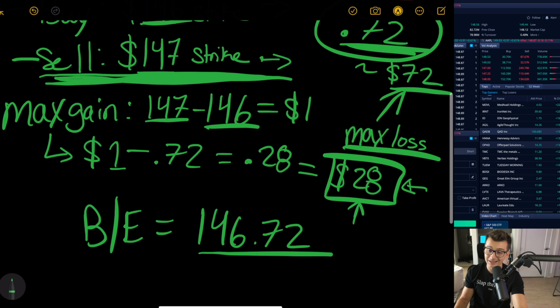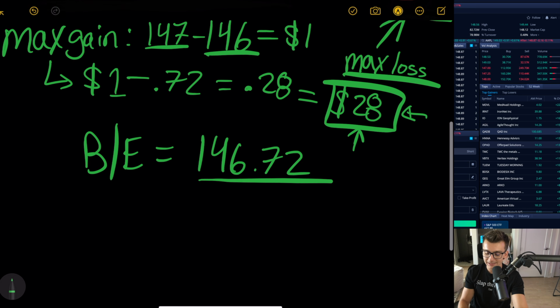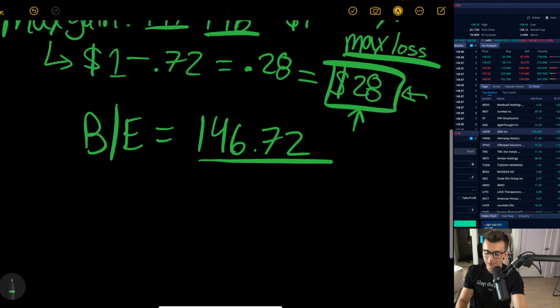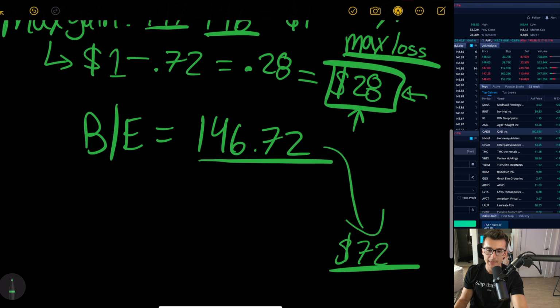So it technically could close below 147 and we could still be green. However, if it's below 146.72, that's where we start headed down towards that max loss of that $72. But again, Apple would have to then go below 146 for us to achieve that max loss.